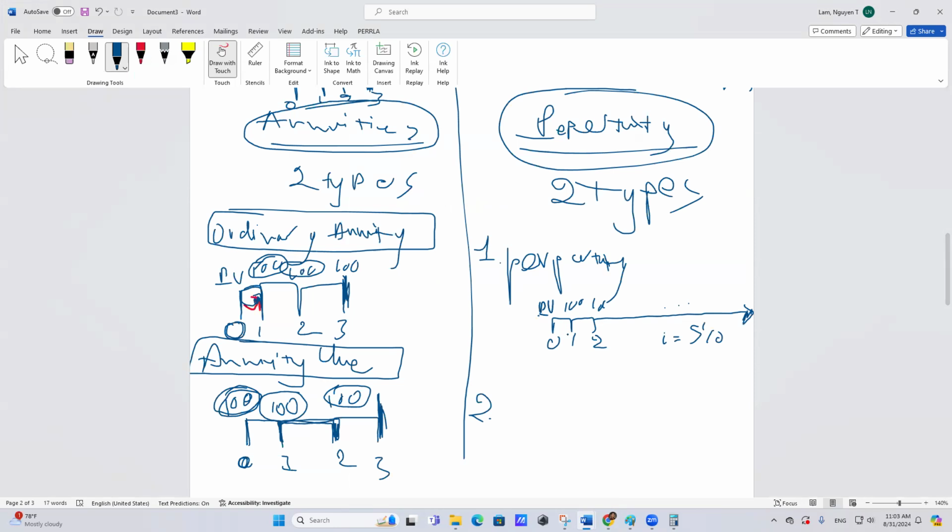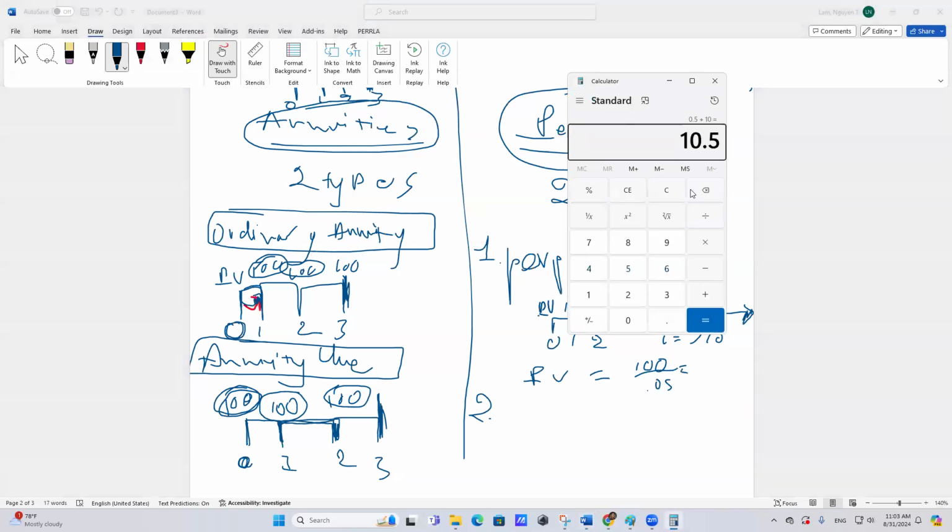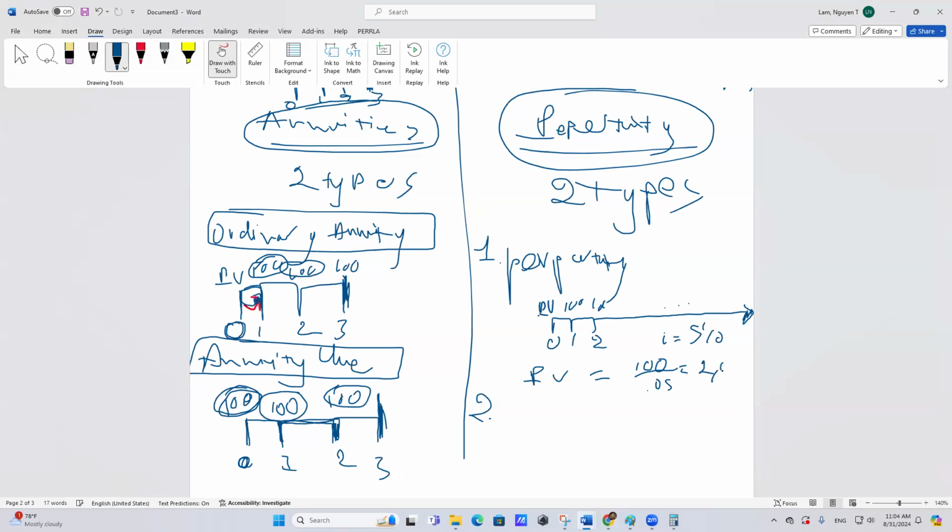The equation says present value is equal to the payment or cash flow divided by 5%, which is 0.05. That is 2,000. So the fair value of the $100 you receive forever every year is 2,000 right now, today.